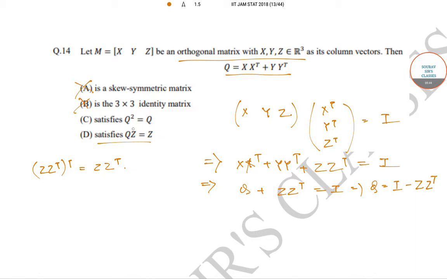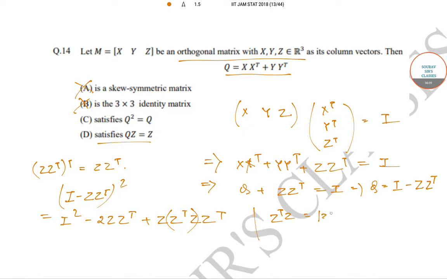We have to check if Q squared is equal to Q. Now (I minus z z transpose) whole squared is equal to I squared minus 2 z z transpose plus z z transpose z z transpose. Here, what is z transpose z? z transpose z is equal to mod z squared, which is equal to 1 because z is a unit vector.